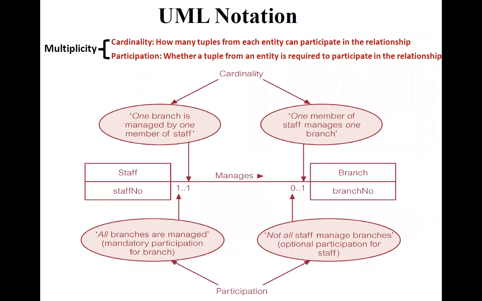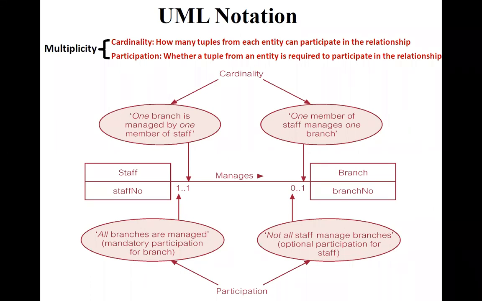Okay, this one is kind of important. I took this one from your book, and we're going to talk about multiplicity. Multiplicity is about how we configure relationships. Remember, in a model, we have entities, we have attributes, we have relationships, right?